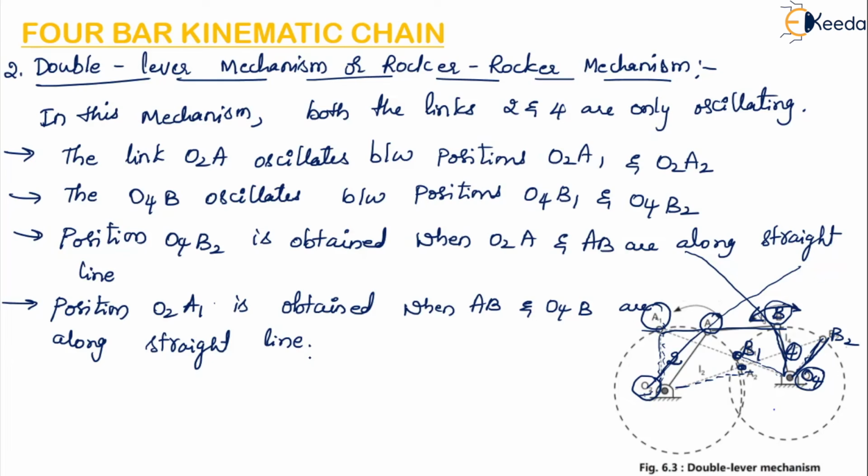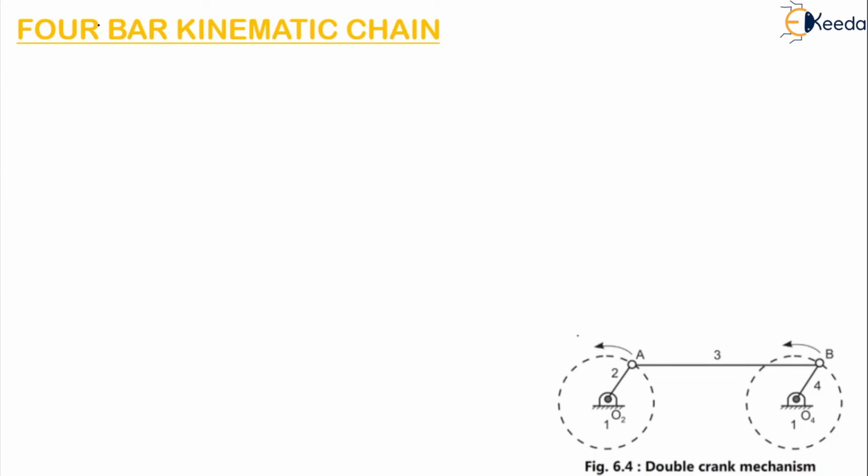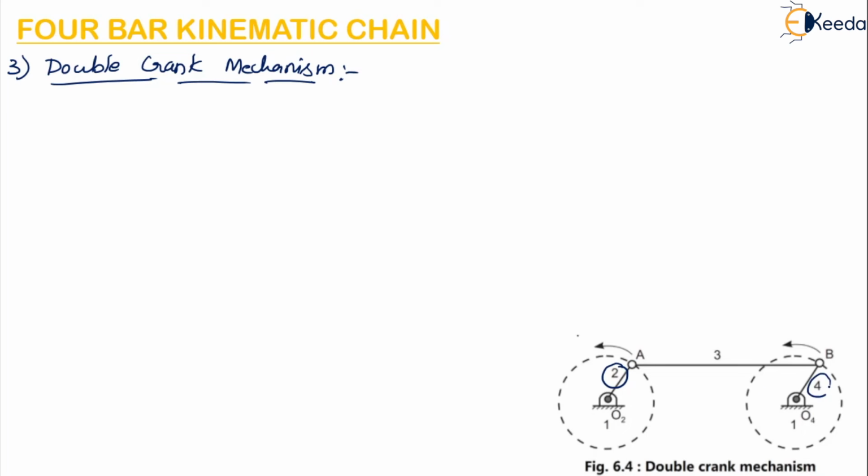The next mechanism is the double crank mechanism, which is formed by the inversion of the 4-bar mechanism. Here link 2 and link 4 of the double crank mechanism make a complete revolution.